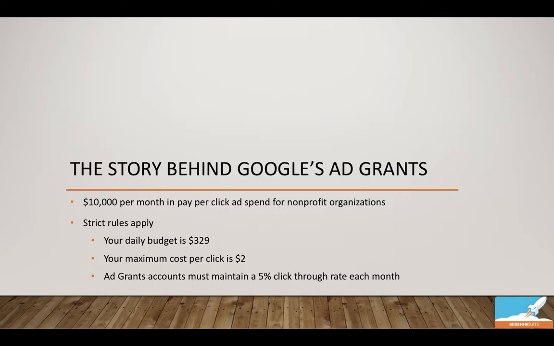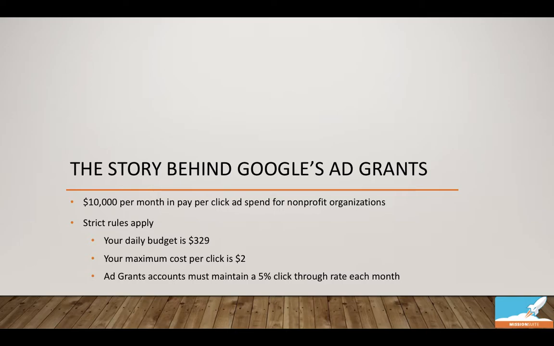In some for-profit organizations, I personally have spent upwards of $10, $15, $20, $30 per click just to drive people back to Mission Suite. So depending on the competitiveness of the terms that you want to be going after, that $2 can be pretty limiting if you don't do it right.